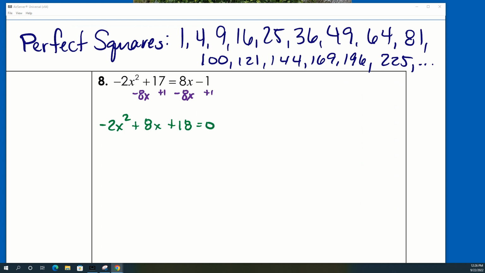Right. And also, just like yesterday, we could do it this way, but it's easier if that first number is positive instead of negative. So I'm going to go through and change all the signs so that the A is going to be positive.